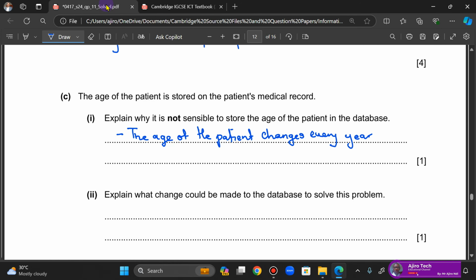So that is why it's not ideal to store the age. The data would need to be updated regularly.